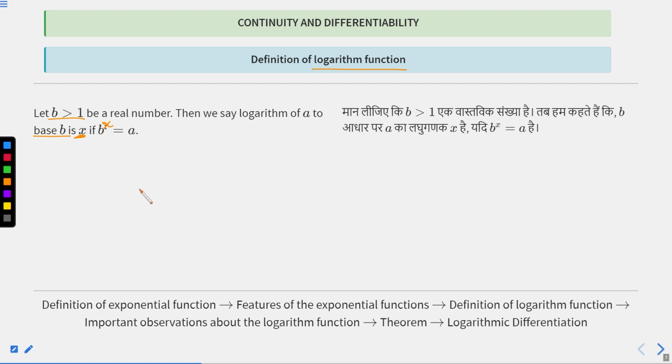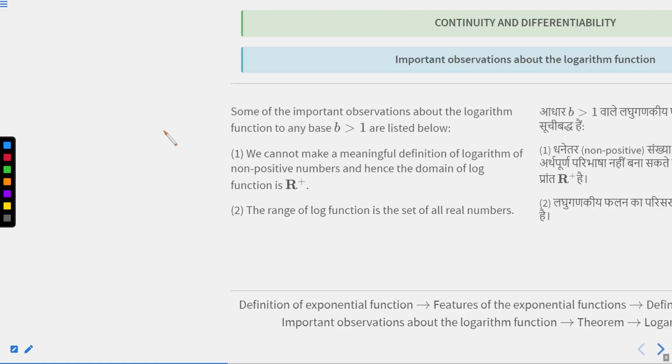Okay, in other words, you will see what we are trying to say. So log of a base b means what? This logarithmic statement in terms of exponent is that b power x is equal to a. In terms of logarithmic we will say this, in terms of exponent we will say it like this.